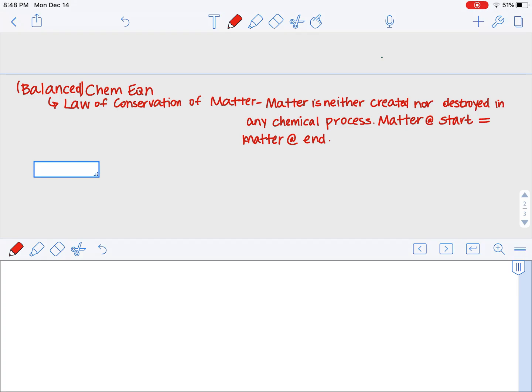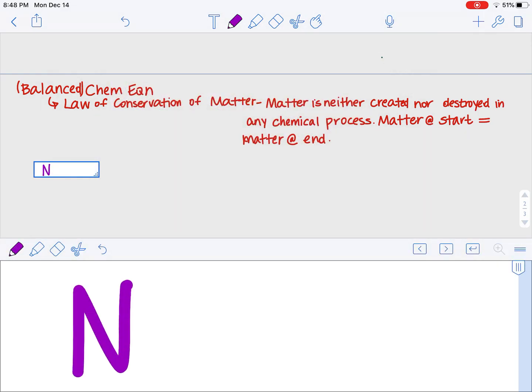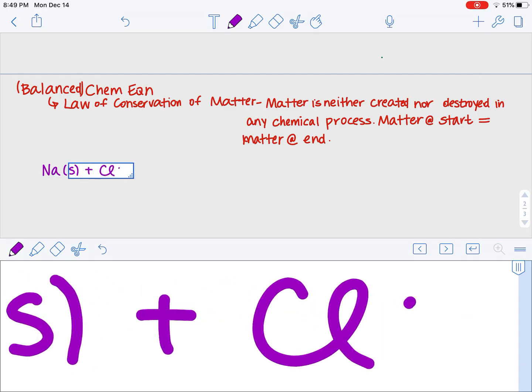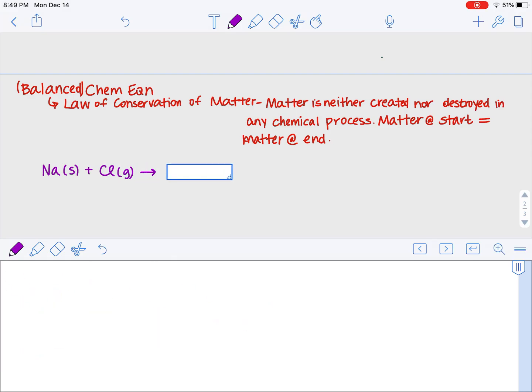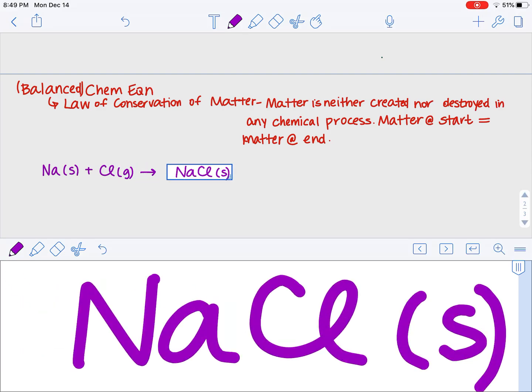Let's look back at the two reactions we had done last class. We had solid sodium reacting with gaseous chlorine to produce solid sodium chloride. That was our first one.